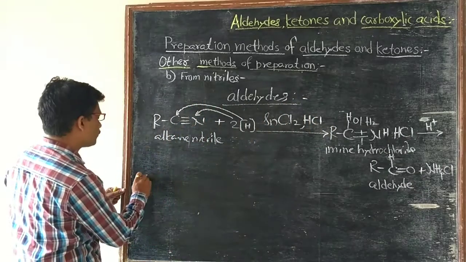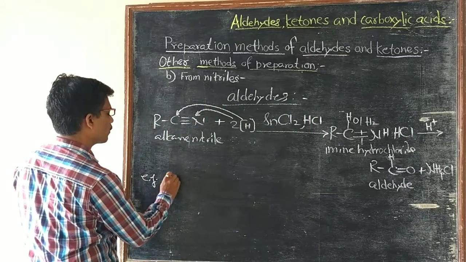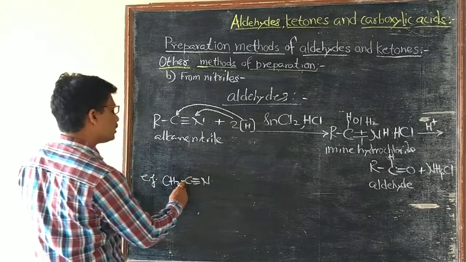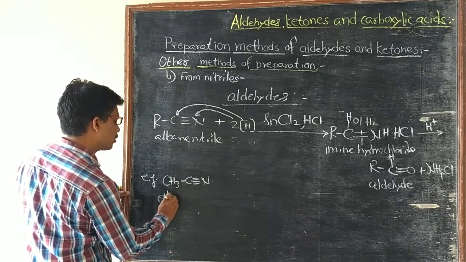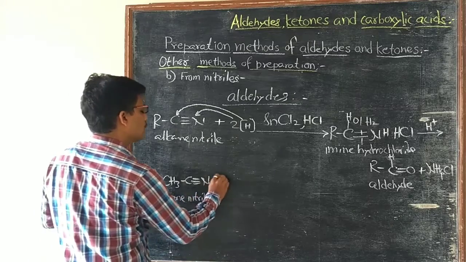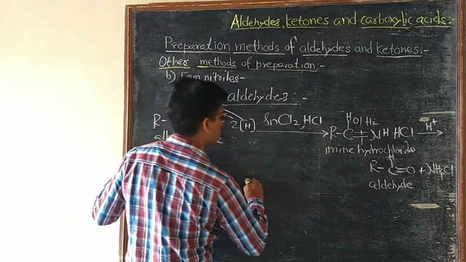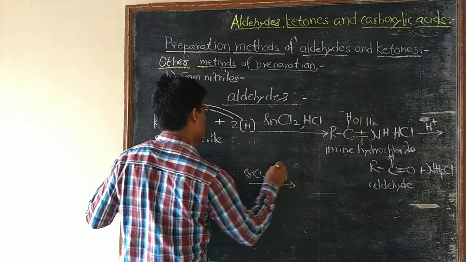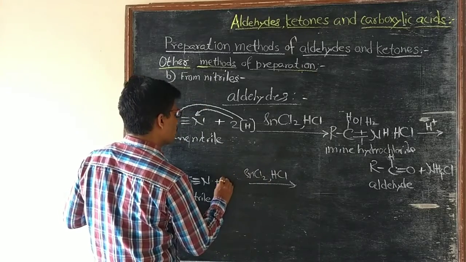For example, ethane nitrile. When ethane nitrile is treated with stannous chloride and hydrogen chloride, it undergoes reduction.